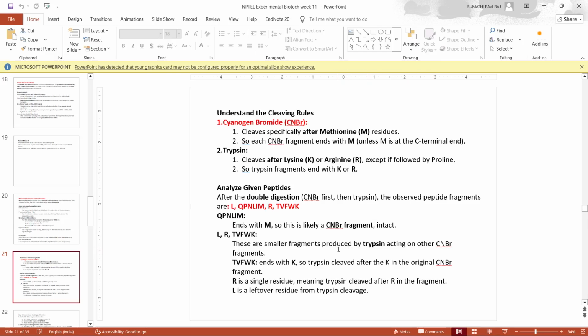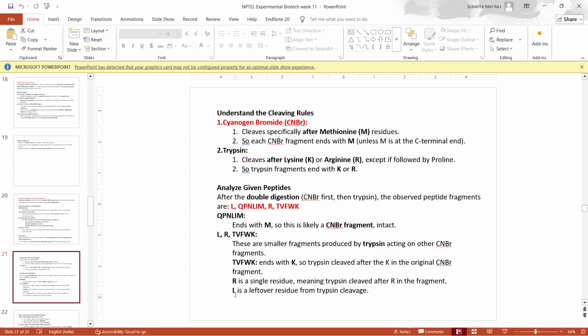So we have lysine here, K. So it could be because of the trypsin cleavage. So we can think that this is because of trypsin, and then we can think that this is because of cyanogen bromide. Then R is a single residue, so that could also be cleaved by trypsin, because both K and R, that is arginine and lysine, are cleaved by trypsin.